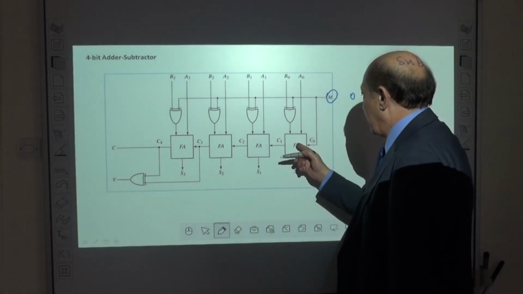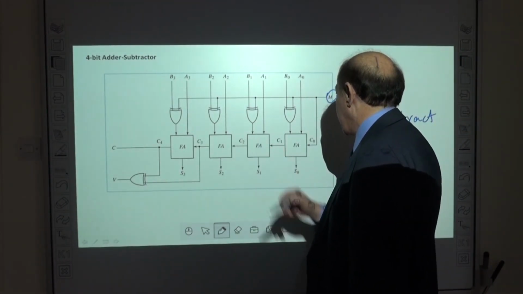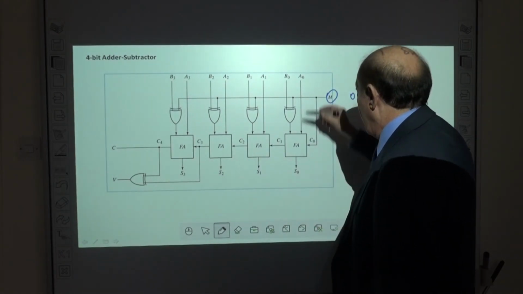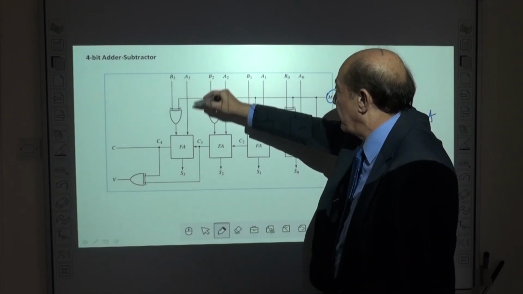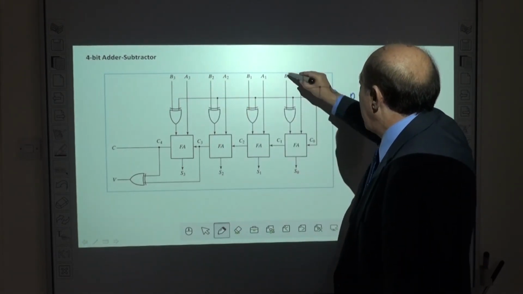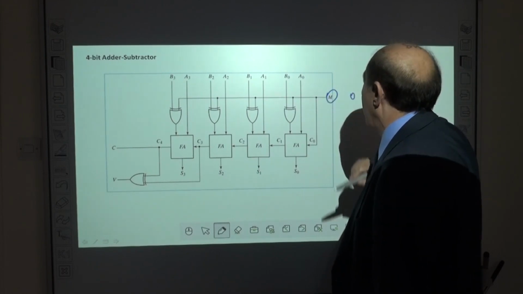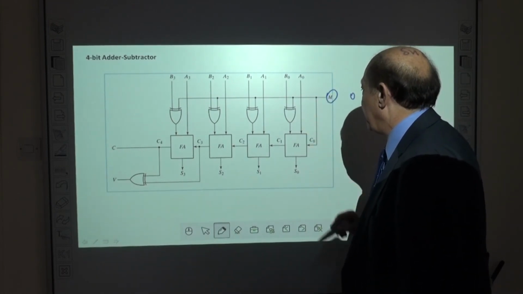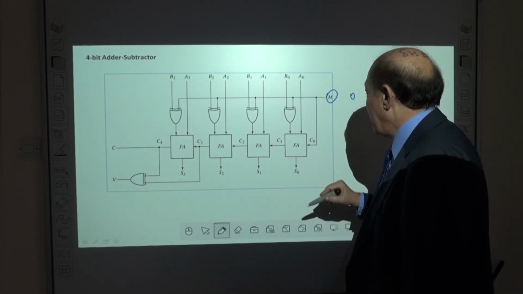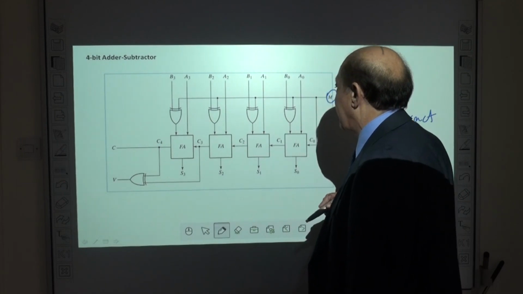We are using 4 full adders cascaded in this manner. We apply Ai to the first input and Bi to an exclusive OR with the M control as a second input to receive the sum or difference and the carry to the next stage.